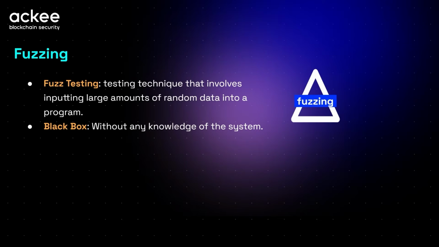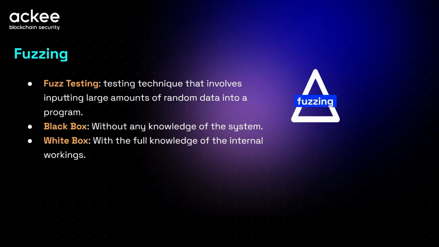On the other hand, the black box fuzzer does not have the knowledge, so the data is completely random. The next is white box, where the knowledge is of the whole internal workings, so the fuzzer can behave accordingly based on the internal workings of the smart contract.